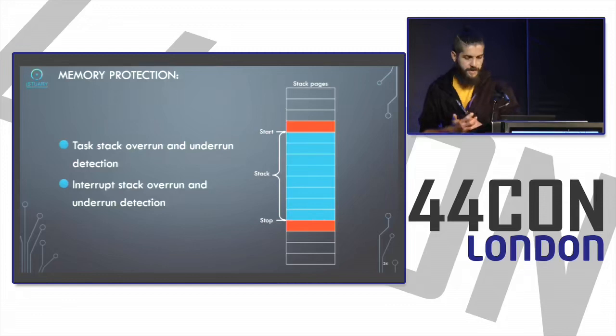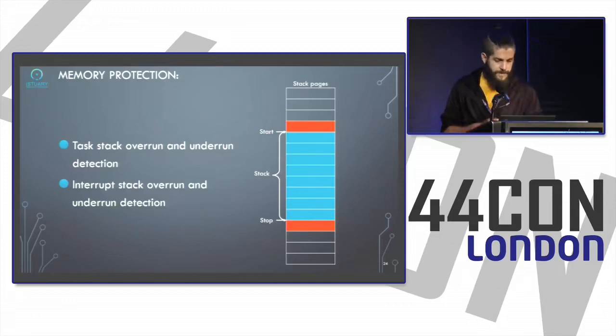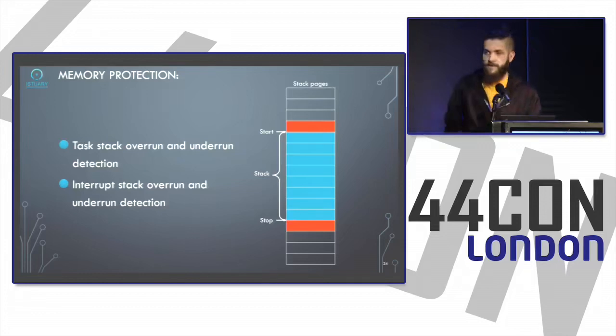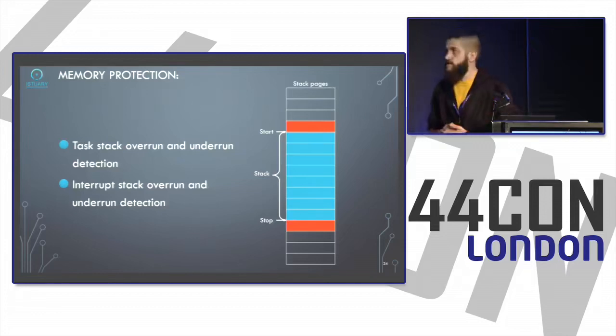What they do is allocate some memory before and after the stack of the task, for example, and those memory areas are non-readable, non-writable, and non-executable. So when you try to access them, you will raise an exception that will be caught by the OS.